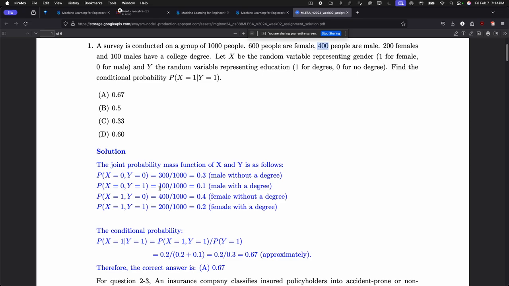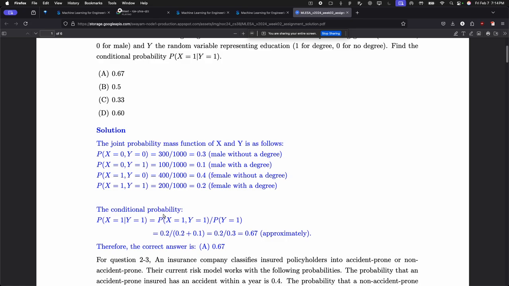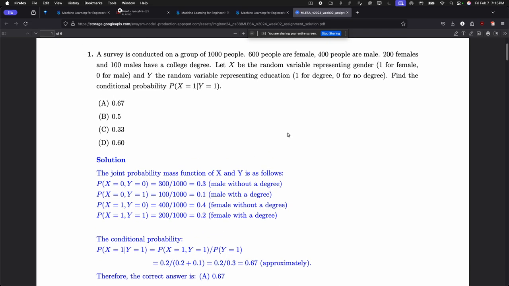Males with a degree are 100, females without a degree are 400, and females with a degree are 200. The conditional probability of Y given X is the probability of X and Y divided by the probability of X.